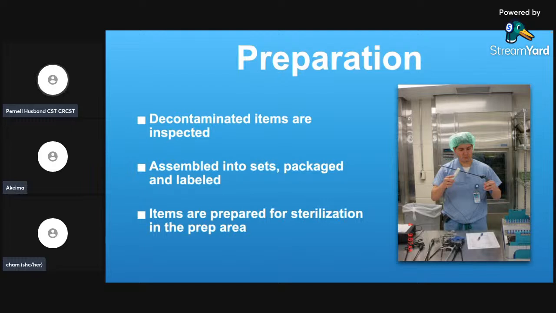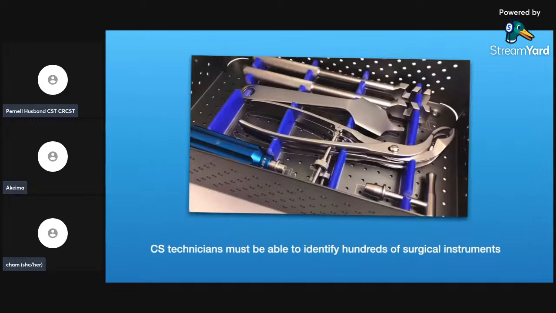That is one of those industrial type cleaning machines. We call them washer decontaminators. These instruments have just gone through the process, so now he is able to handle them. So items are prepared for sterilization in the prep area.